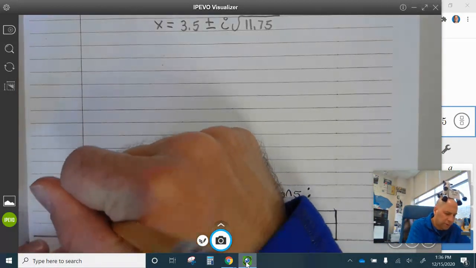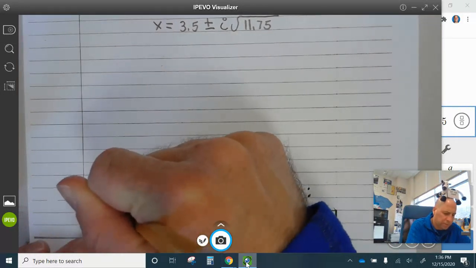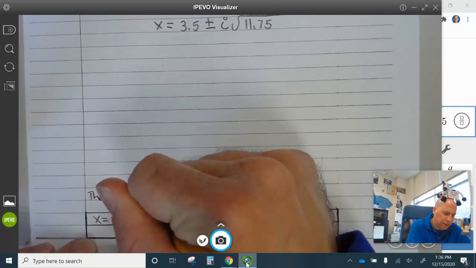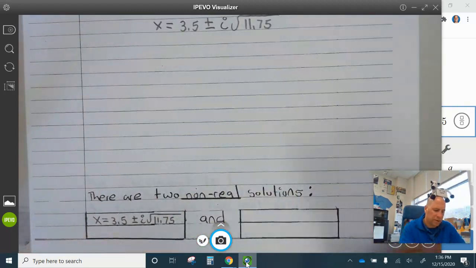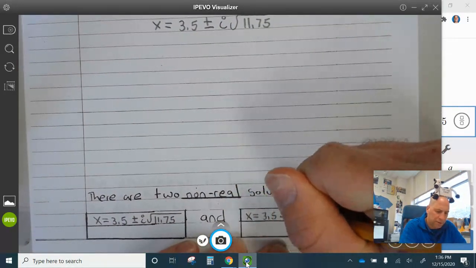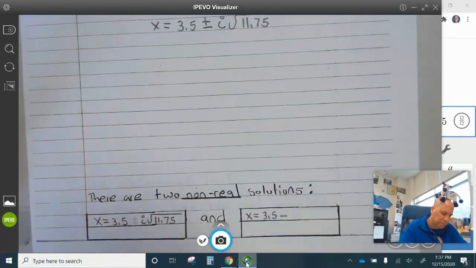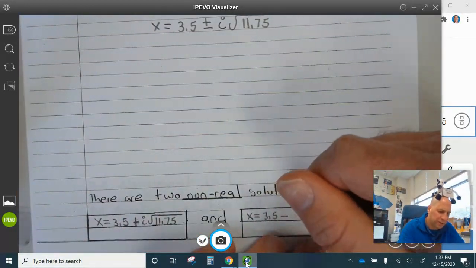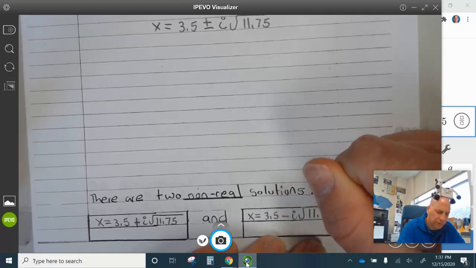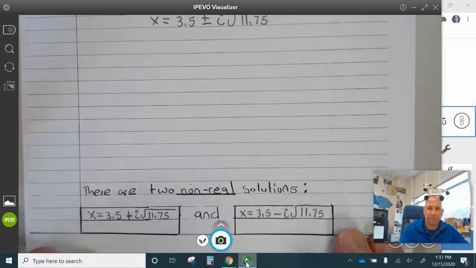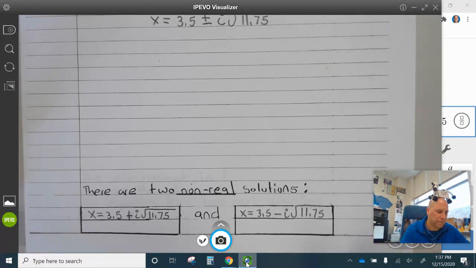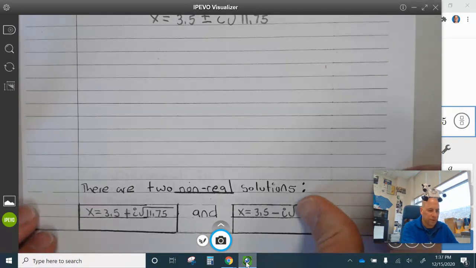X equals 3.5 plus i square root of 11.75 and X equals 3.5 minus i square root of 11.75. All right. Let's move on to the next example.